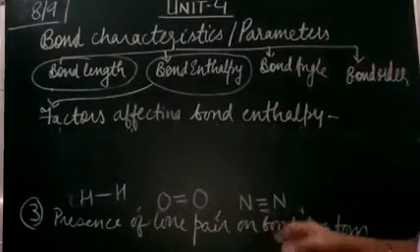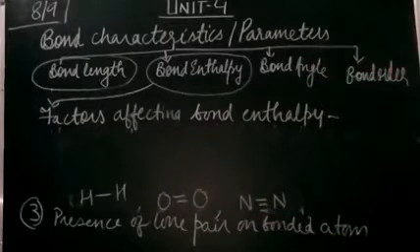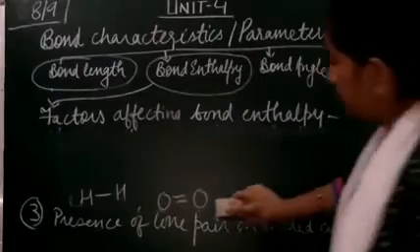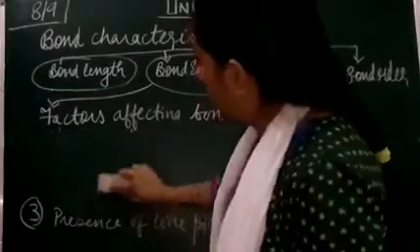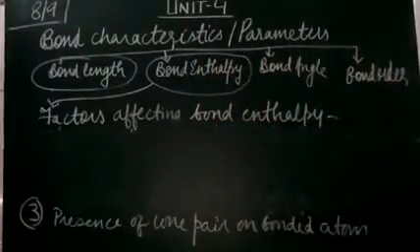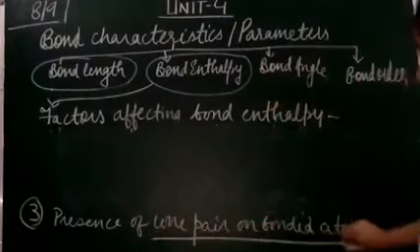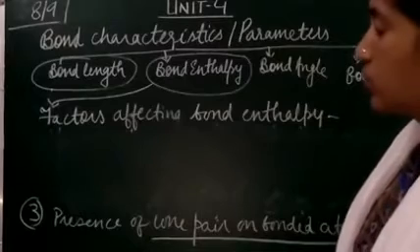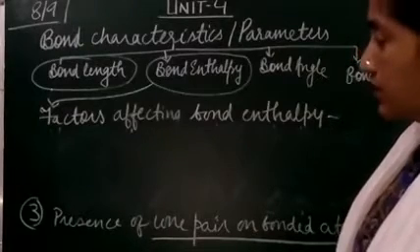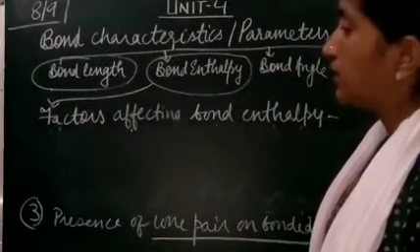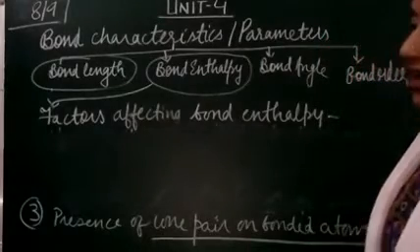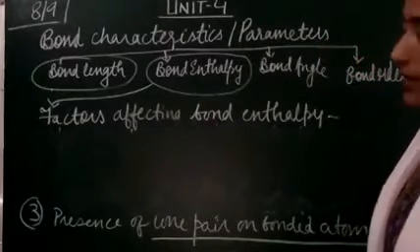So we were discussing the presence of lone pair on the bonded atom. Now, if the lone pair is present on the bonded atom, students, what will happen? There will be repulsion, right, which will make the bond weak, and lesser will be the bond enthalpy.